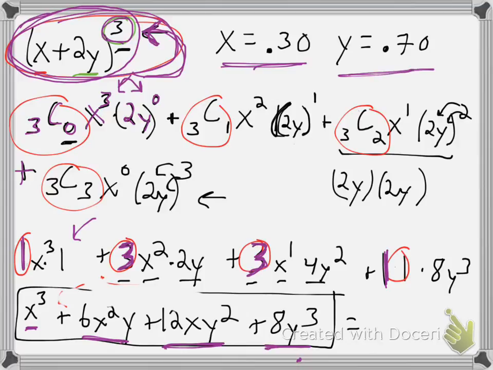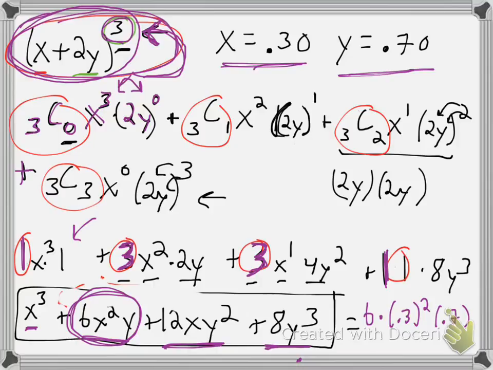probability of 0.7. Let's say I wanted to know the probability of having 2 x's. Well, here's the situation where I have 2 x's. So I would take 6 times 0.3 squared times 0.7.